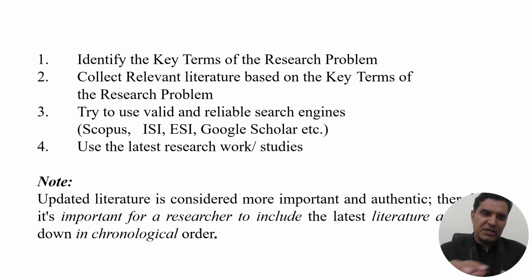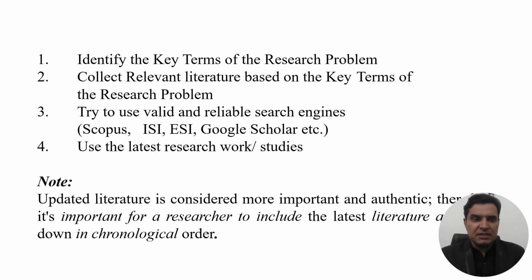After identification of key terms, key variables or key parameters, the second important step is to collect relevant literature based on the key terms of your research problem, according to your main parameters.